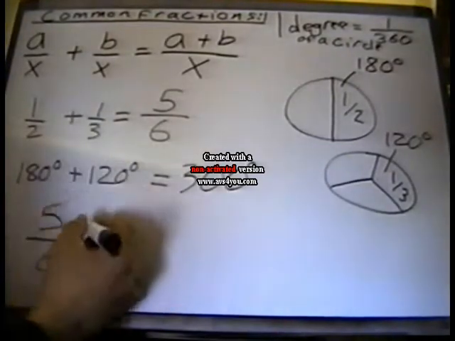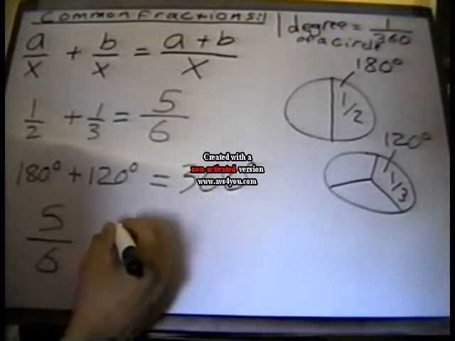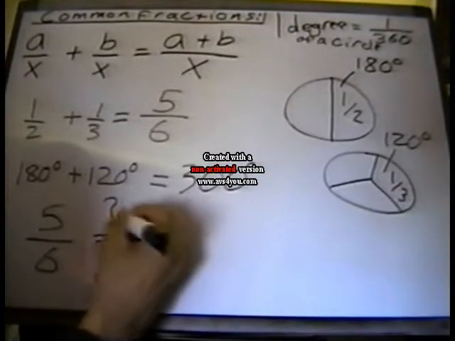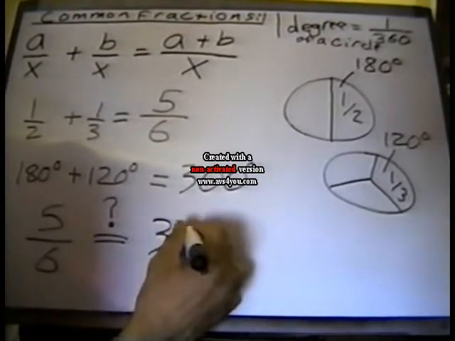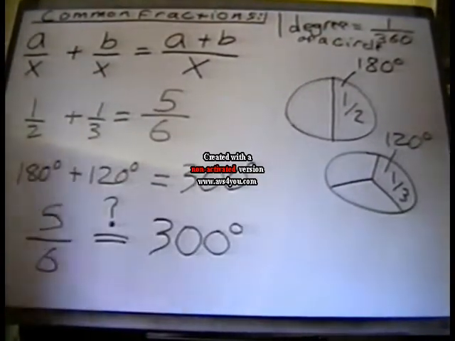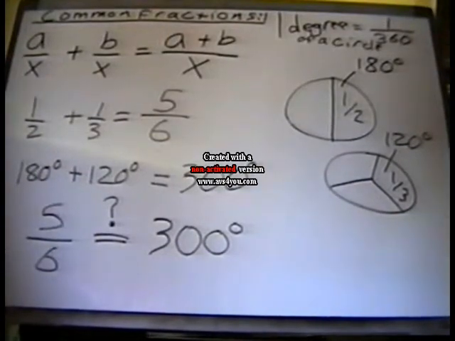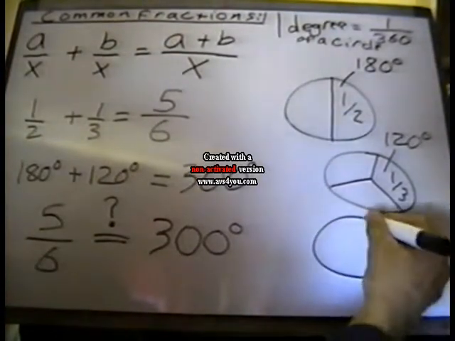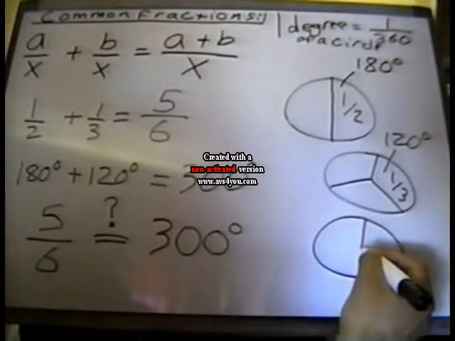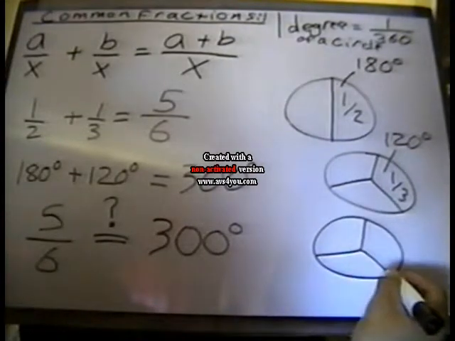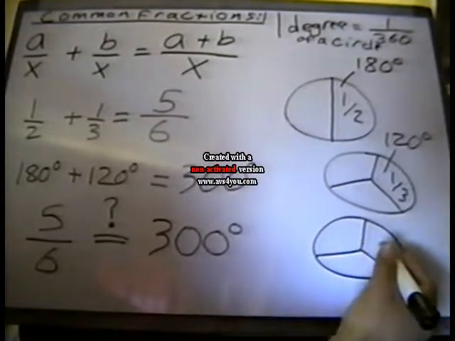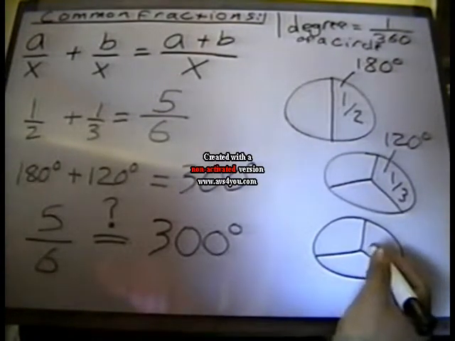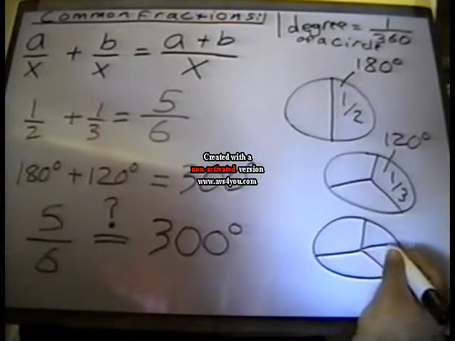So does 5/6 of a circle equal 300 degrees? Okay? Well, what's 1/6 of a circle? We already determined that earlier. If we divide a circle into 3 parts and divide each of those 3 parts into 2, we have 1/6 of a circle.